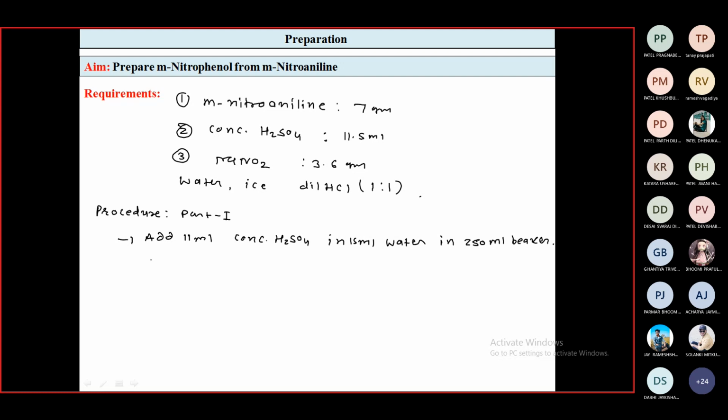Then add 7 gram metanitroaniline and dissolve it.